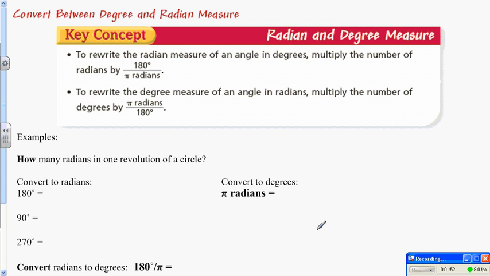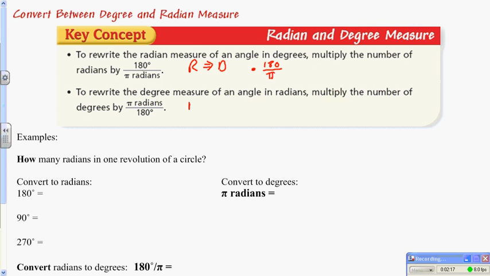So how do we convert from one unit to the other? If we are converting from radians to degrees, then we would take our radian measure and multiply it times 180 over pi.